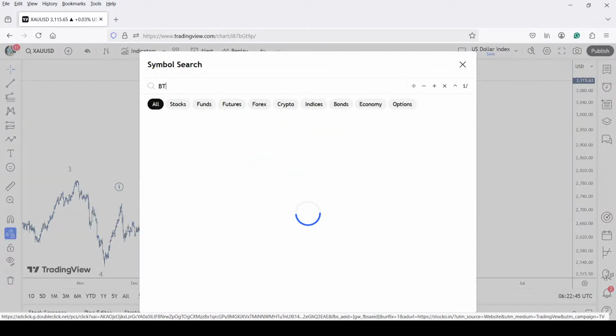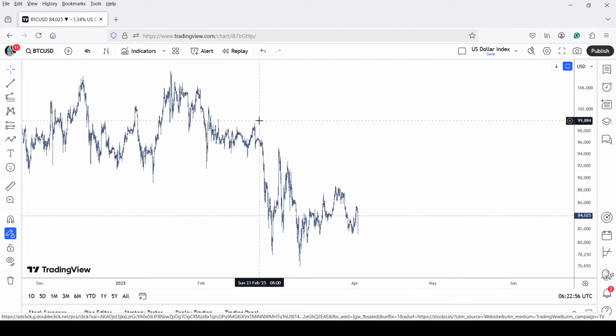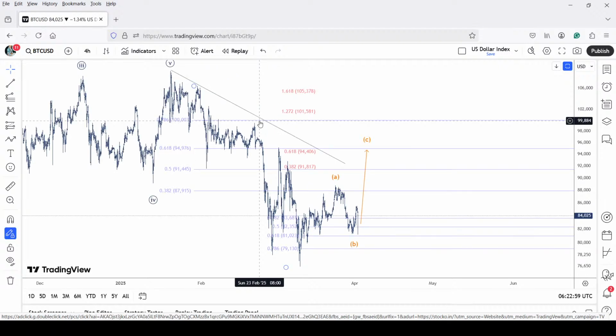And to quickly run you through the Bitcoin 4-hour chart, it is also indicating that wave C of minute degree is unfolding, and it's quite possible that prices may rally towards 94. We are waiting for that to happen before we sell again.